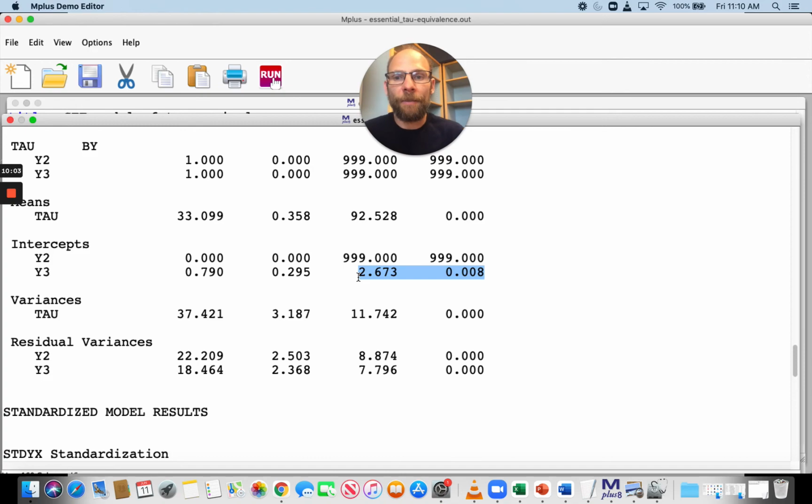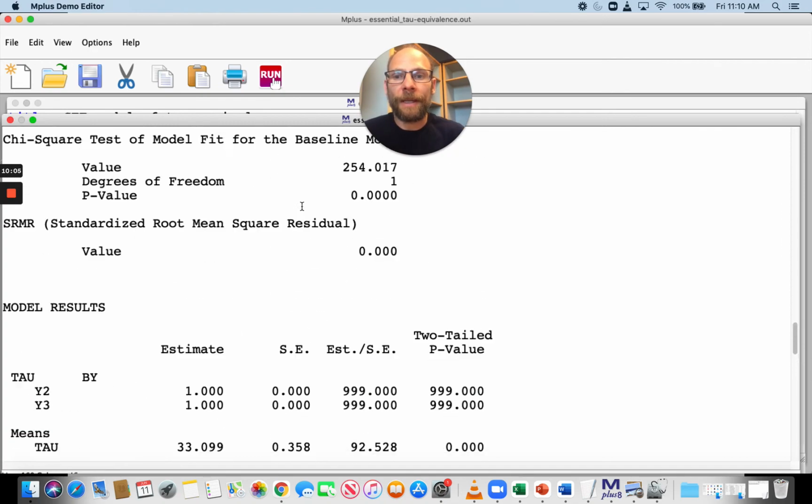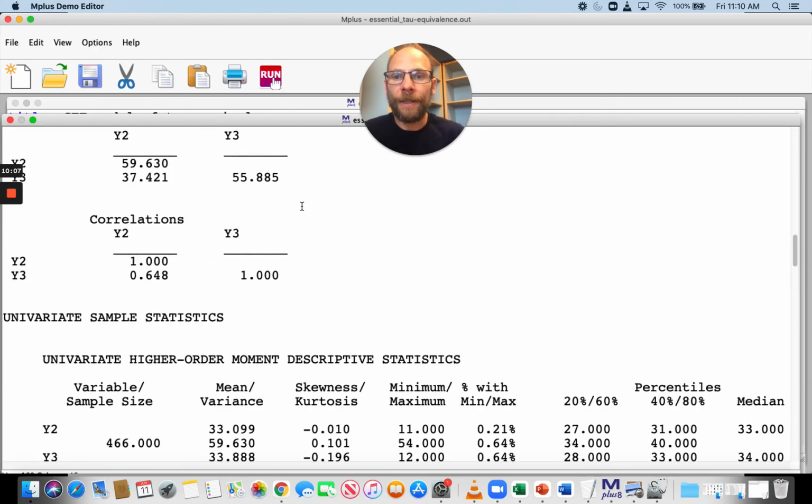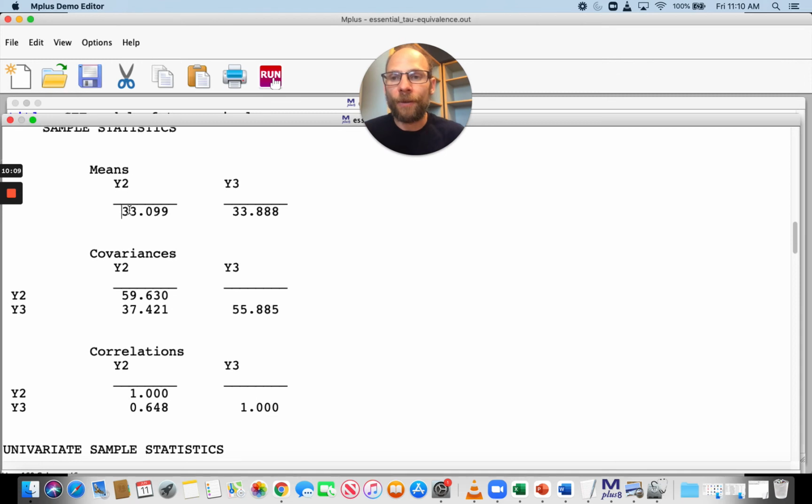We can see that by taking a look at the means again. You can see that the mean for Y2 was 33.099, the mean for test 3 was 33.888, and that difference, 33.888 minus 33.099, is exactly what this intercept is.